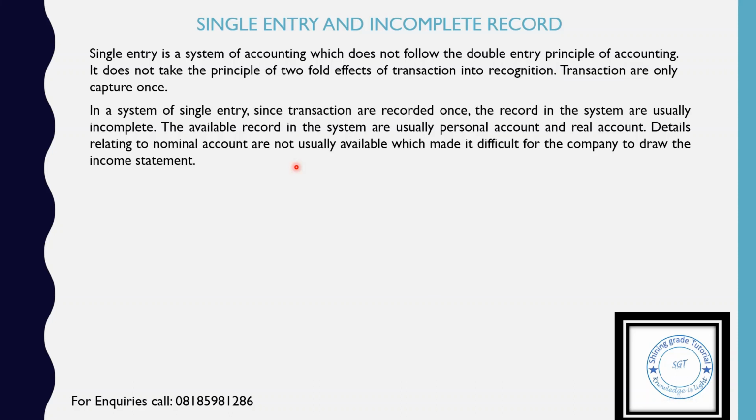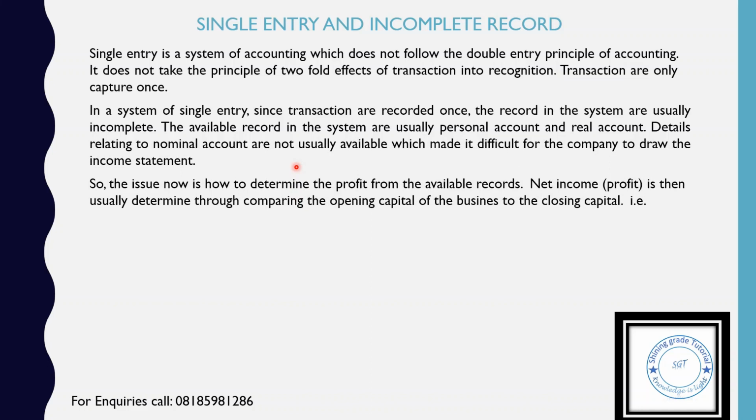So how do we then solve the problem? Since the available records are incomplete, and the details that relate to personal accounts are only what we have available, without items that relate to income and expenditures which enable us to determine the financial performance of the organization or prepare the income statement, we usually determine the net income of the business by comparing the opening capital of the business to the closing capital.